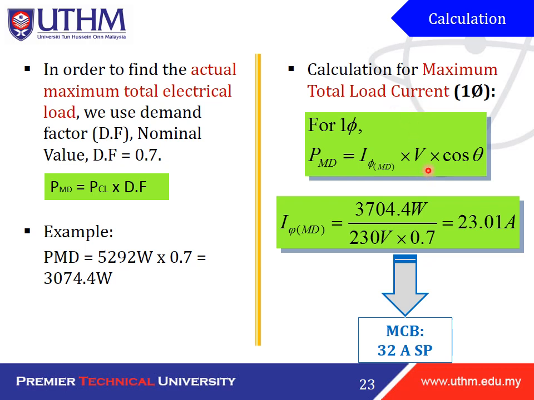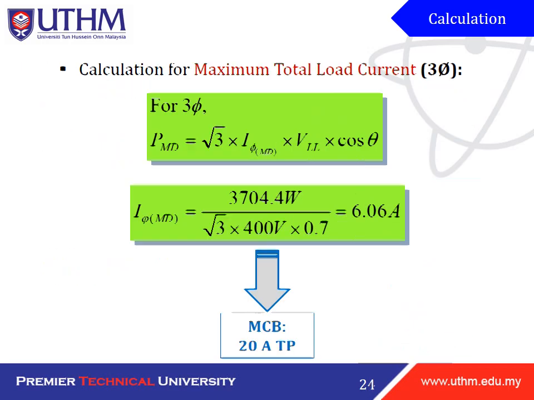So from the power maximum demand, we can calculate the maximum total load current for one phase. We have this equation, so we rearrange the equation. We get the current for one phase. Maximum total load current for one phase is power maximum demand divided by V cos theta. So we have the answer 23.1 amp. This value can be used for MCB 32 amp single pole.